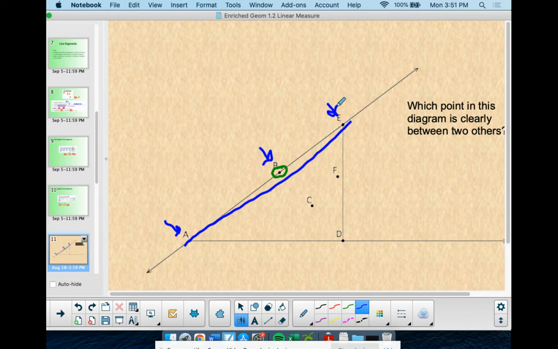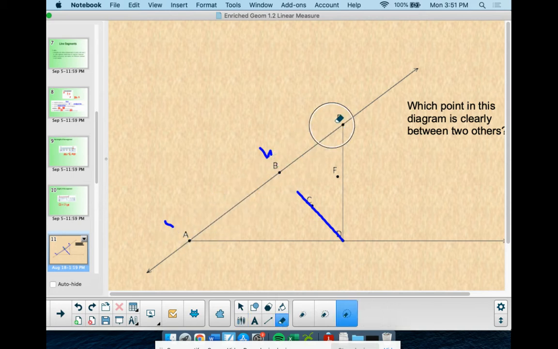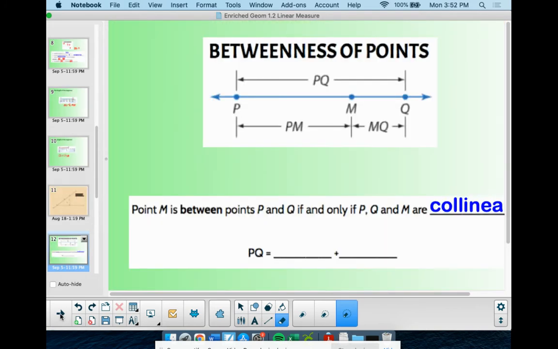We don't for sure know that this would line up perfectly for C to be on line BD. Compared to my crooked line I just drew, it could be, but we're human, right? We don't for sure know. So you would have to make sure that they are on the same line in order for it to be between. Which brings us to our next point here. So betweenness of points says, let's scroll over so you guys can read this.